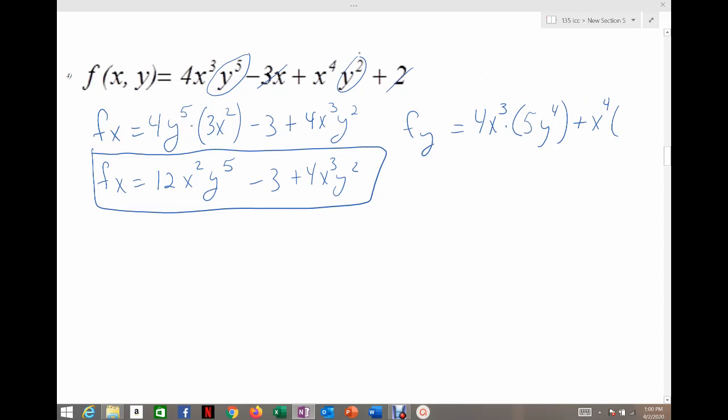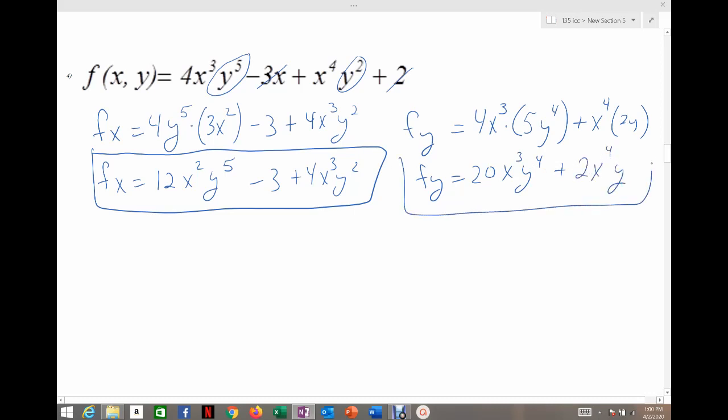That's the part I'm taking the derivative of, which is 2y. Again, I'm going to clean that up before I go to my second derivatives. 20x cubed y to the fourth plus 2x to the fourth y. There is my first derivative with respect to y and with respect to x.